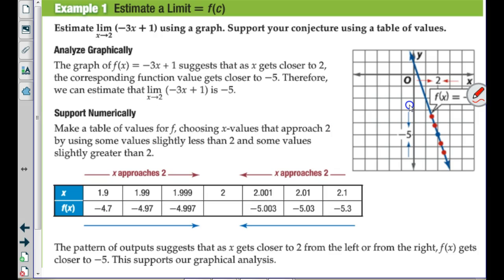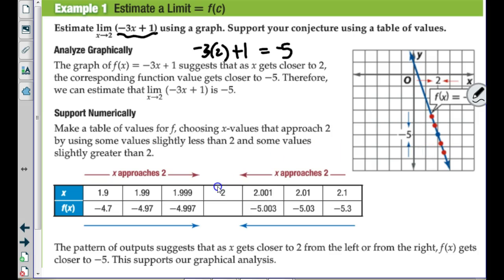All right, so this is a really quick example because this is a line, crosses at 1 on the y, has a slope of -3, it says find the limit at 2. Well, this is a continuous function, right? There's no holes. So basically what's happening at 2 is what you would get if you substituted it in. So if you put a 2 in there, you'd get -5.